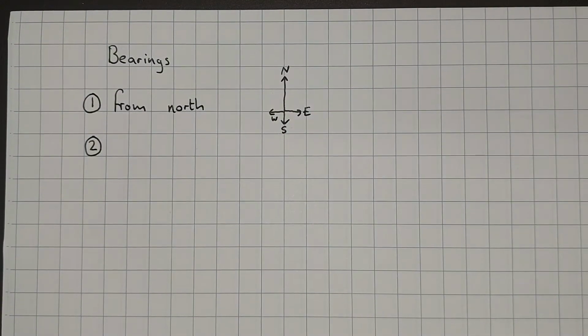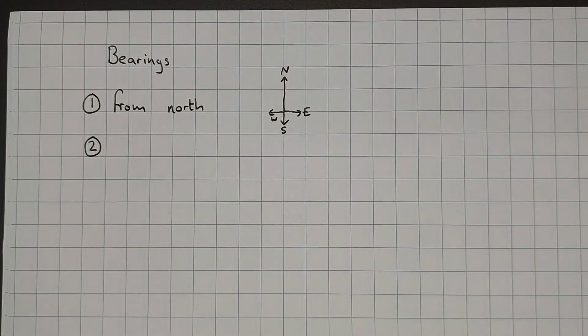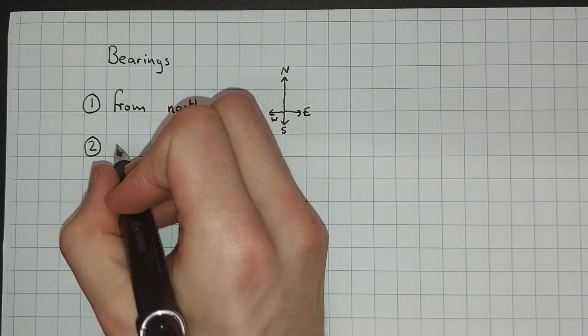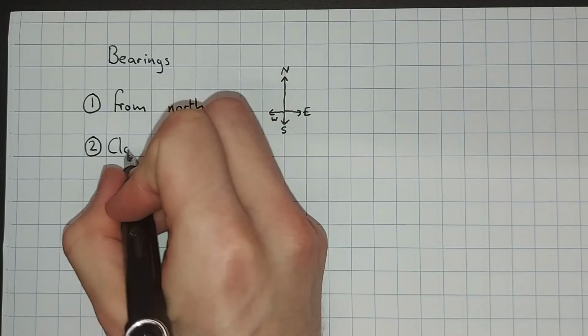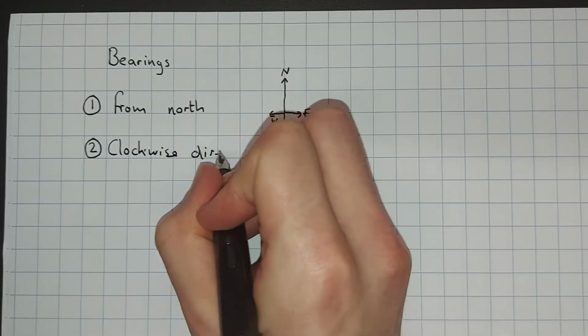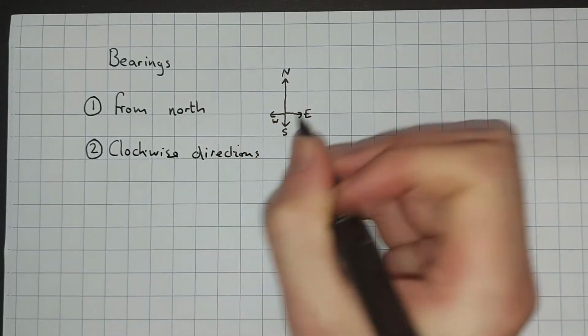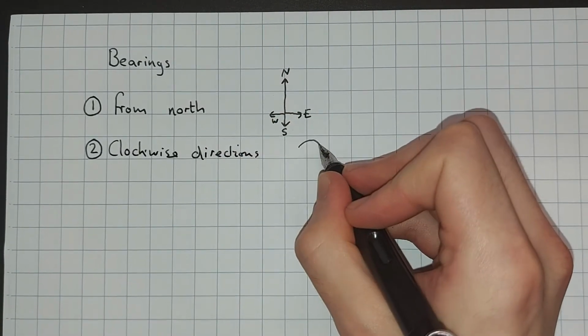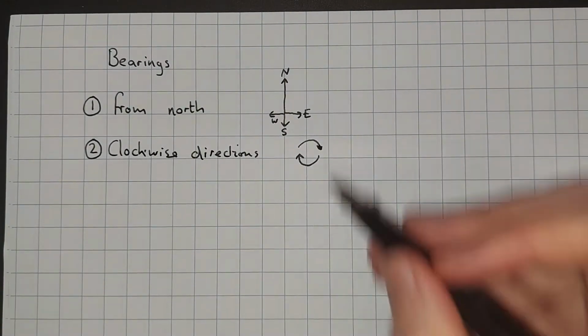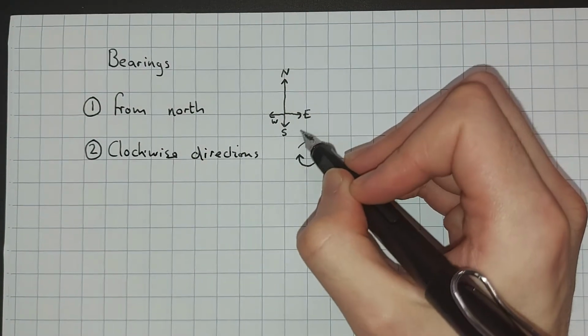Now, we need to make sure everybody's doing the same thing, so that means we all go clockwise. It has to be measured from north in a clockwise direction, as the clock goes round, like so. So you're always going to go from north in this direction.